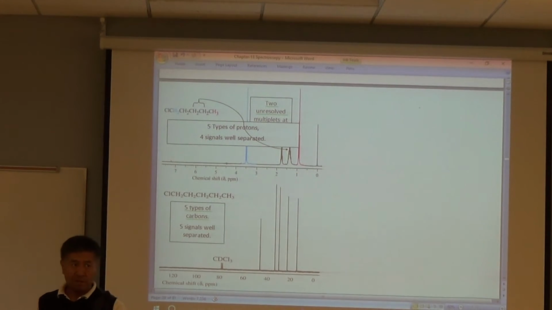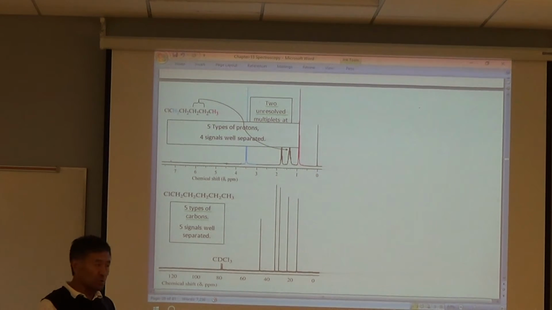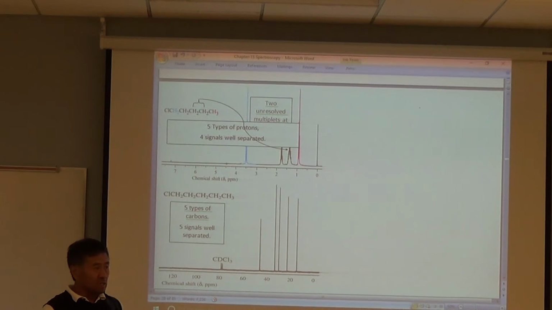The reason for the very simple, non-splitting spectrum is that you don't see much splitting between carbon and carbon. The carbon-13 isotope is much less abundant. So in a naturally occurring molecule, you have a very small chance of one carbon-13 on one side and another carbon-13 nearby, 3 bonds away.